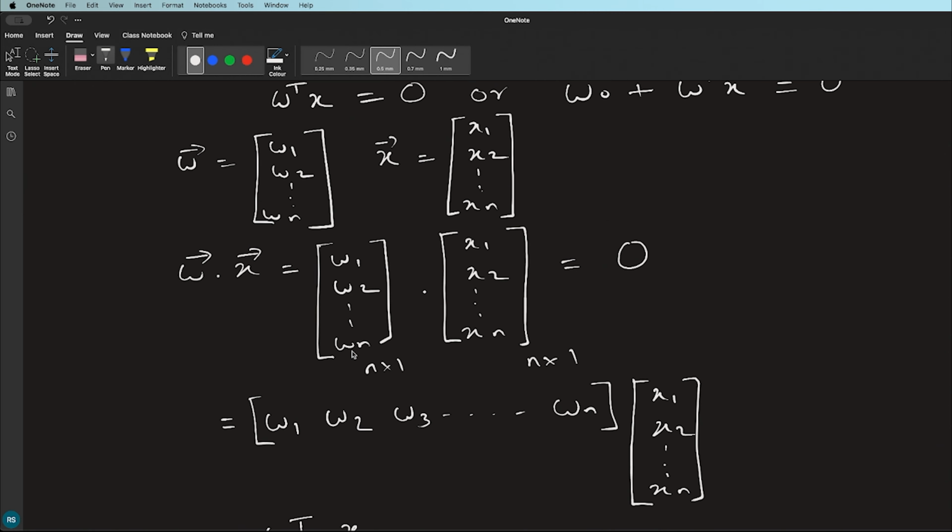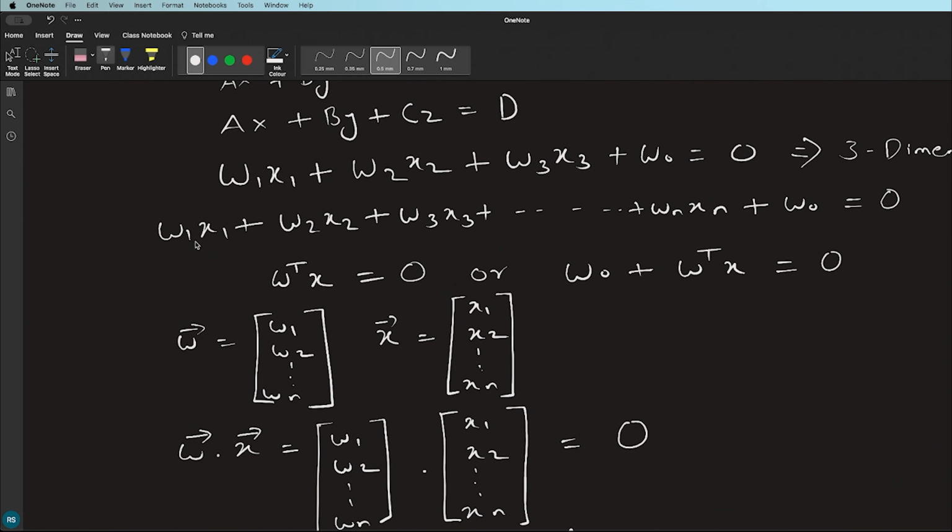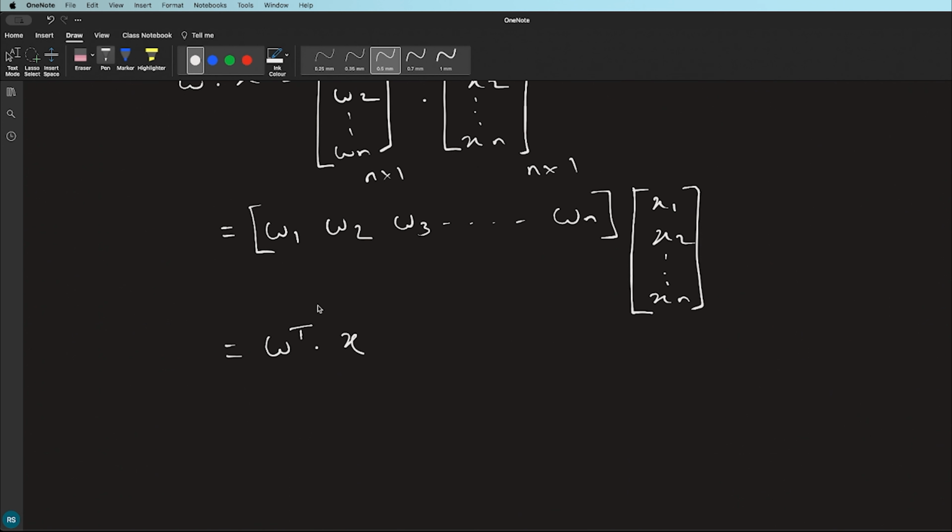So now you can understand why the equation w1 x1 plus w2 x2 up to wn xn is written as w transpose x. So I am again writing this equation as w naught plus w transpose x equal to 0.